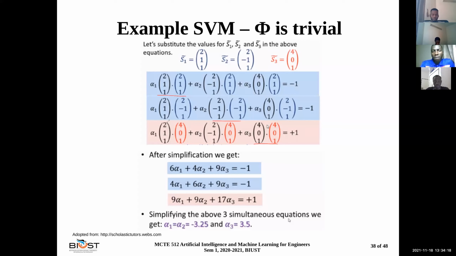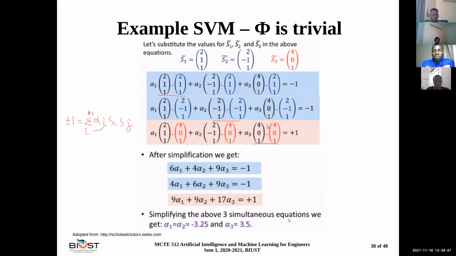So now, this first classification equation using the summation of the support vectors of alpha I and Si multiplied by Sj gives us the value of alpha.